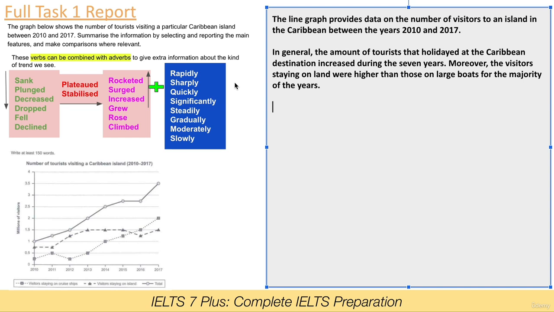Lovely. So let's now make a start on our first group, and we're going to talk about the general trends from 2010 to 2015, really. So let's begin in 2010. All the numbers were at their lowest for all of the groups.